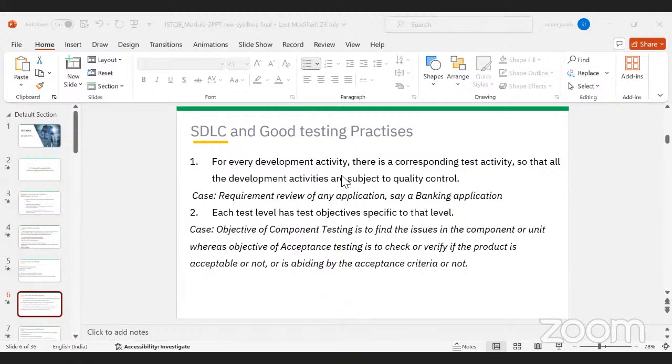And the next question: which development models perform both static as well as dynamic testing at all different test levels?